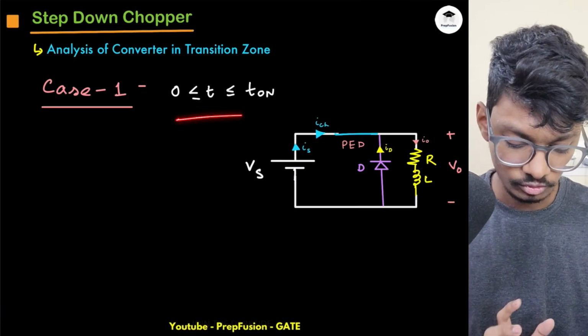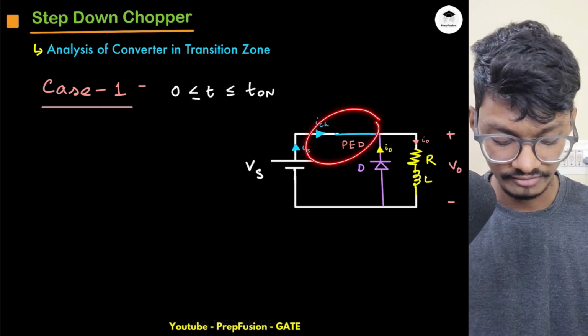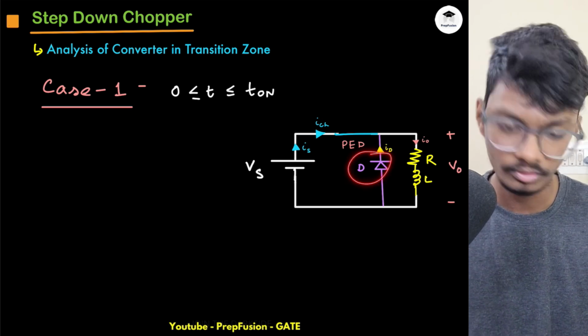So from 0 to T on, what will happen? As I have triggered this switch, this power electronic device has been triggered, and this diode will be off. Why?